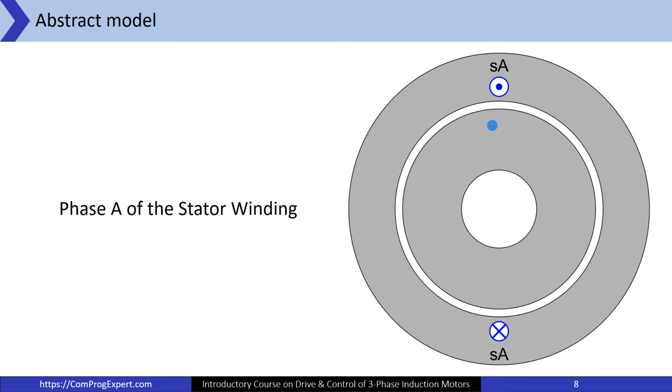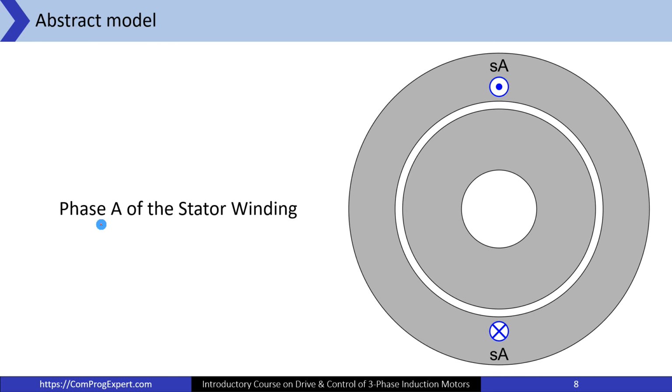But I use this notation that is common in drive textbooks, yes, to show the phase A. Here the direction of the current is out of the paper and here it is into the paper.